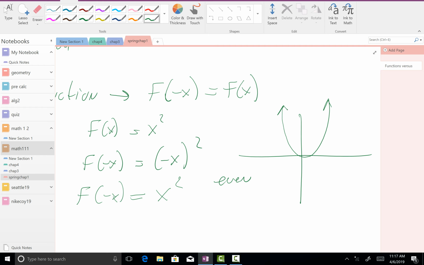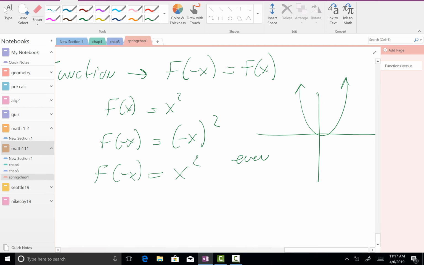So if you graph it and it's symmetric about the y-axis, then it's automatically even. You can test it both ways: either put this negative x in here and see if you get the same result as you started with, or you can simply graph it. But that's the definition of an even function.